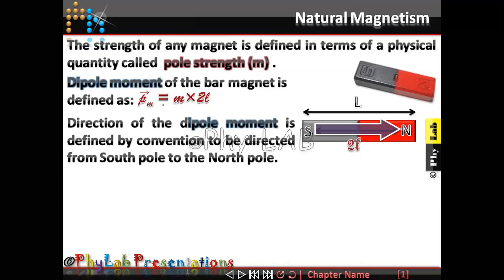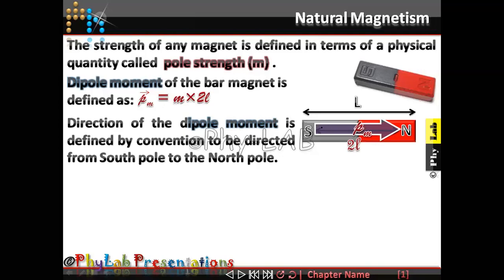By convention, its direction is always from the south pole of the bar magnet to the north pole of the bar magnet. So whenever you do a numerical problem associated with a bar magnet, ensure that when you use the dipole moment, you mention its direction also.